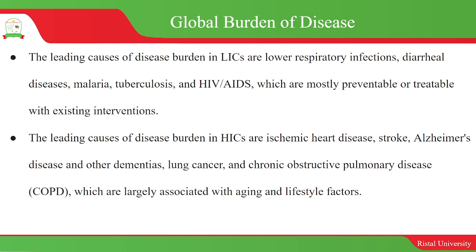And then the other thing that we also have is that even after having this, basically you can see that the top causes of disease in low-income countries are infectious diseases. Okay, so on top of having infectious diseases as the leading causes of death or disease burden, we also have non-communicable disease increasing.